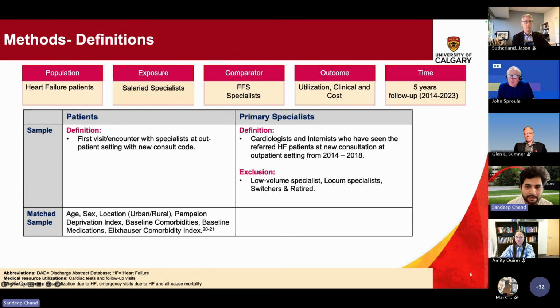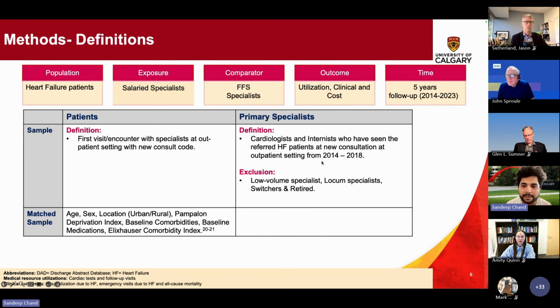We took every adult newly identified with heart failure between 2014 and 2018 who was referred to a specialist and followed each of them for 5 years. The clock starts at their first outpatient consultation. This comes from province-wide administrative records: hospital records, billing claims, prescriptions, and vital statistics linked by a unique patient number.